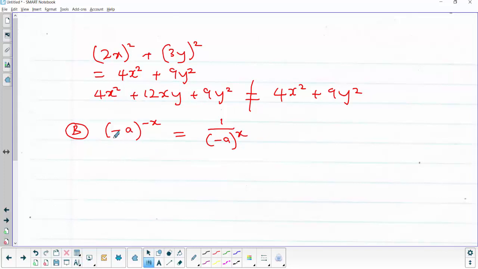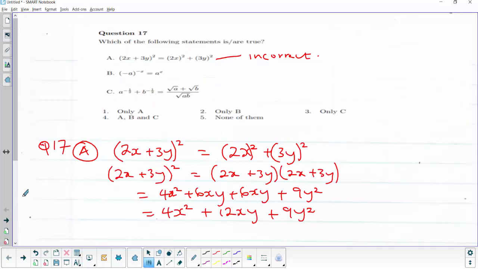When you rewrite this in the form of an exponent, we call it a negative exponent. This negative here will become 1 over, and consider whatever you have here as well. So this one equal to this one is not the same thing as a raised to power x given in the question. This is not equal to this. So we go back to our question and see that this is also an incorrect statement.